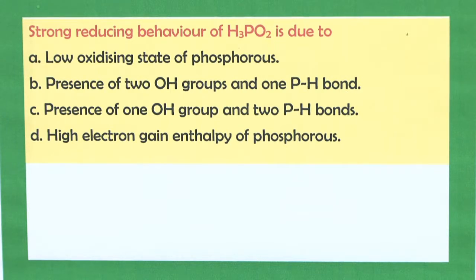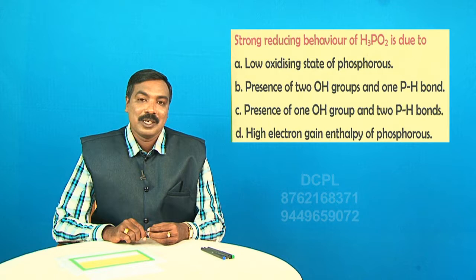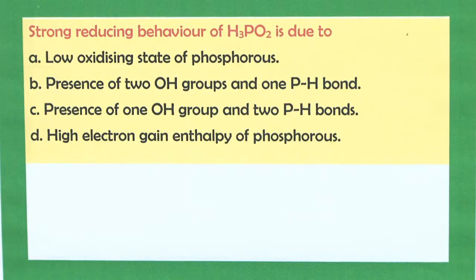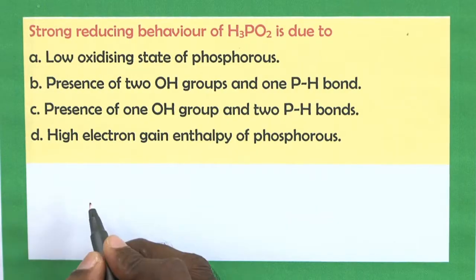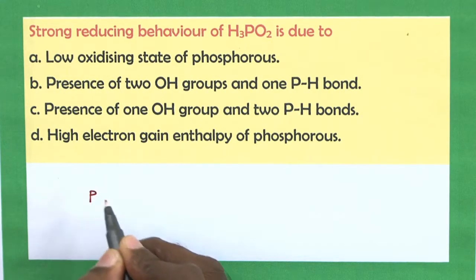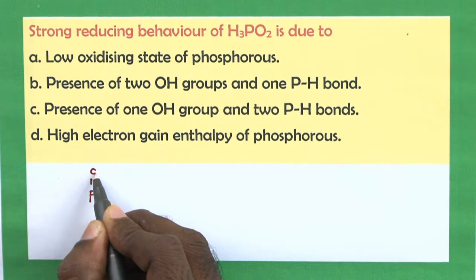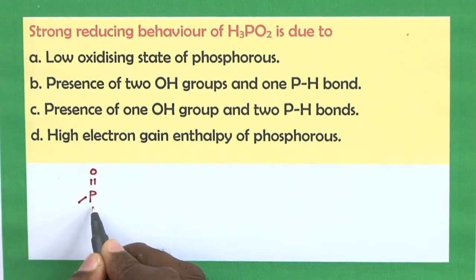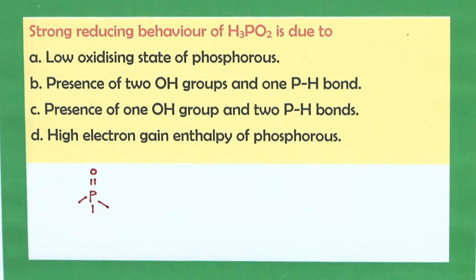To attempt this question, we need to know how to write the structure of H3PO2. If you remember, H3PO2 is phosphinic acid. I write the structure in this format where I have phosphorus, double bond oxygen. I am aware that phosphorus will have 5 bonds, therefore I have written 5 bonds. I have to ensure that 2 oxygen atoms are there.